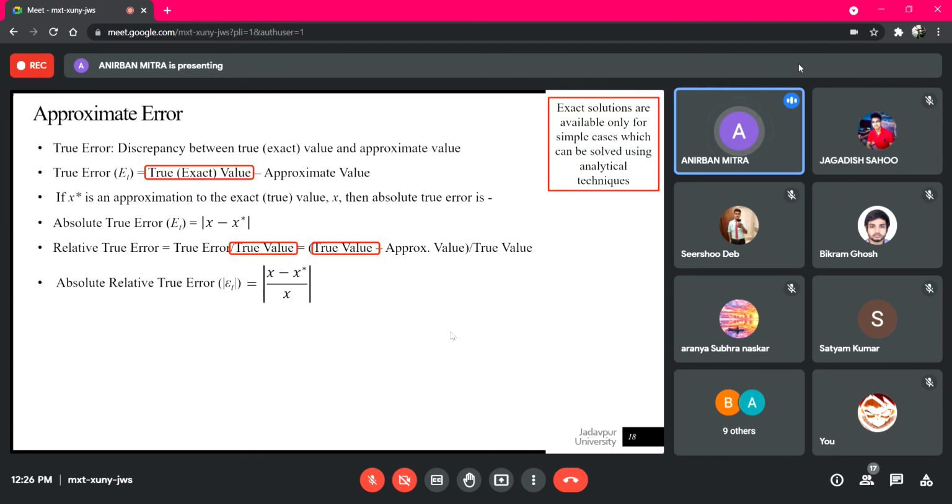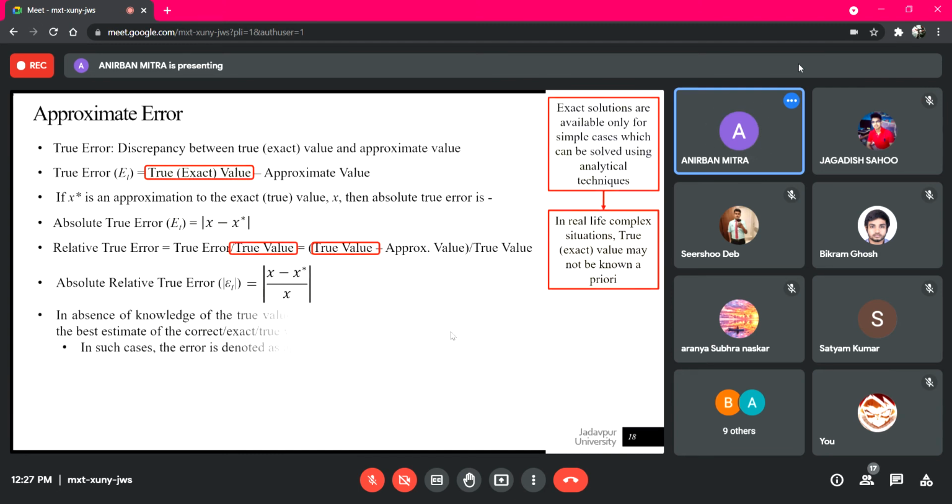So in that case, what we do is, and quite obviously, these are the real life complex situations where the true or exact value is not known a priori. That means not known beforehand. So in those situations, we have to think about something called an approximate error. In absence of knowledge of the true value, one has to use some approximate value as the best estimate of the correct or exact or true value. And in such cases, the error is known as the approximate error.